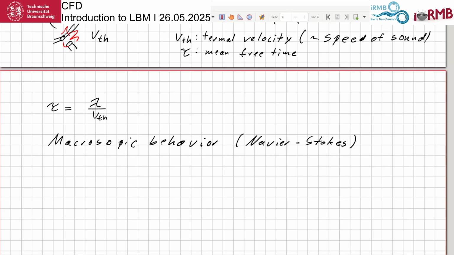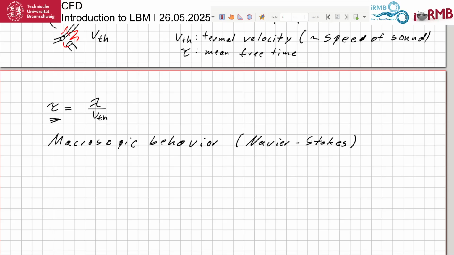So the Navier-Stokes equation follows from the Boltzmann equation under the assumption that, so basically it's a Taylor expansion in this thing, but only to first order.